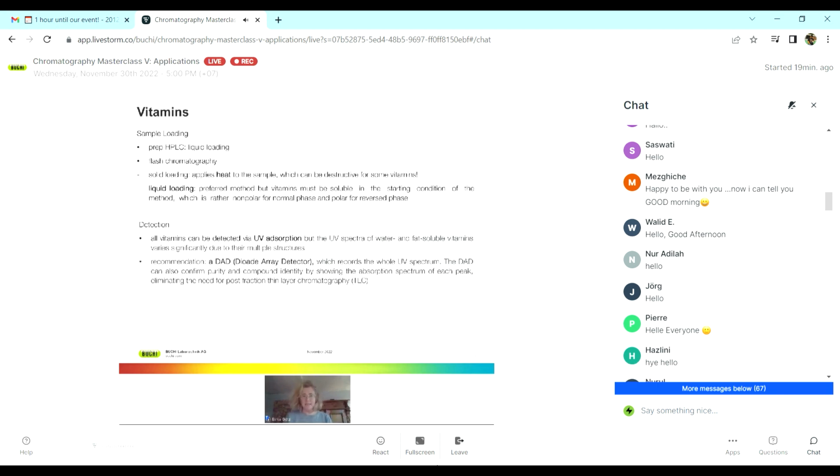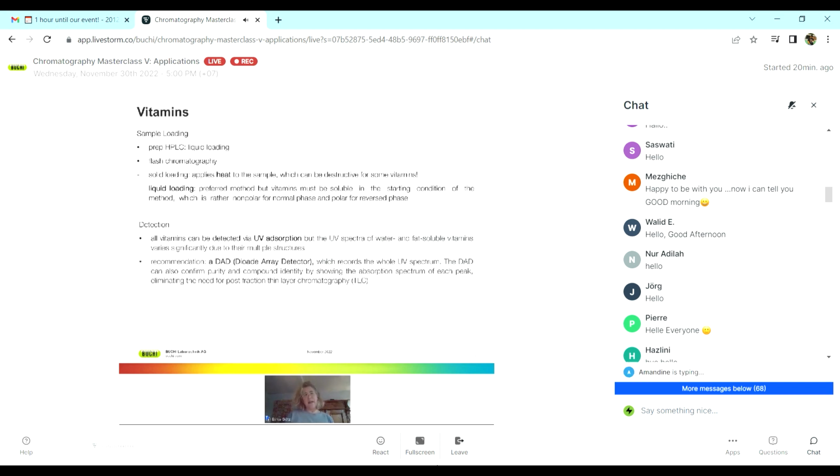And the nice thing with the DAD is that it also confirms the purity and the compound identity, because every compound has a typical UV absorption spectrum, and with the DAD you can see this. So it also eliminates the need for any TLC of your fractions if you have a DAD.